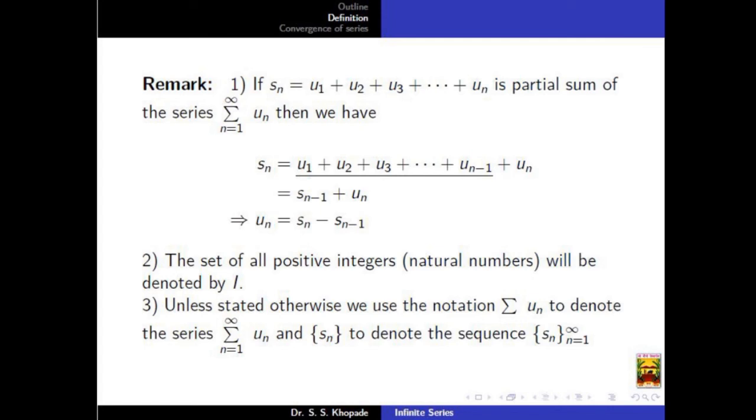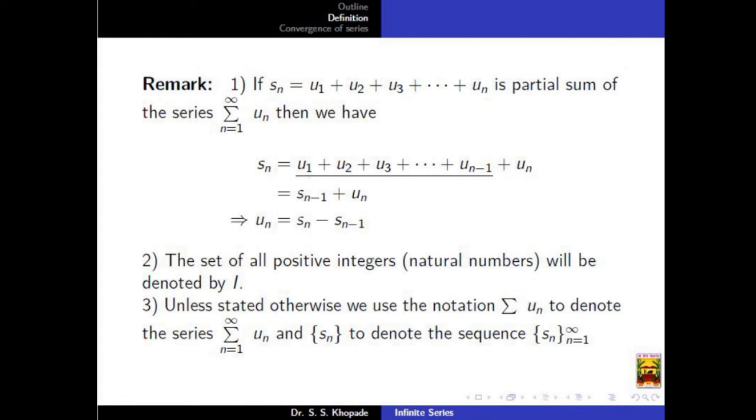Thus Sn is equal to Sn minus 1, the addition up to n minus 1 terms, and then the next term, meaning we are going to add terms in this partial sum one by one. So Sn is equal to Sn minus 1 plus un.